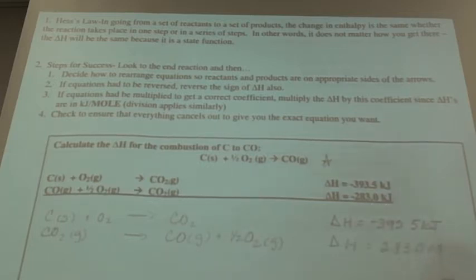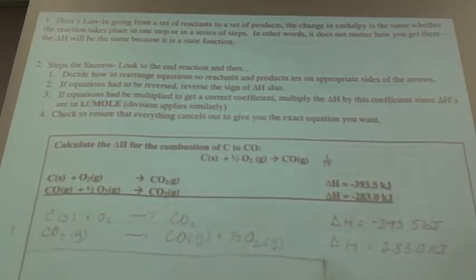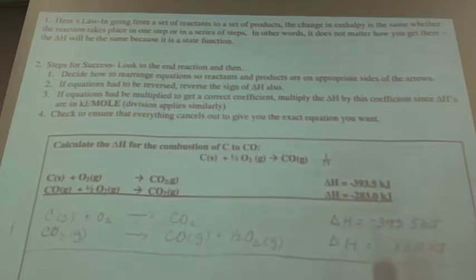Were you looking at the second reaction? Yeah, this one, the second elementary, and seeing how it stacks up to the target. Okay. I look at the coefficients of all of these and I think, you know what, I don't need to change anything, so I'm ready to add these together. I will likewise add the values of delta H together to get the delta H of my target reaction.